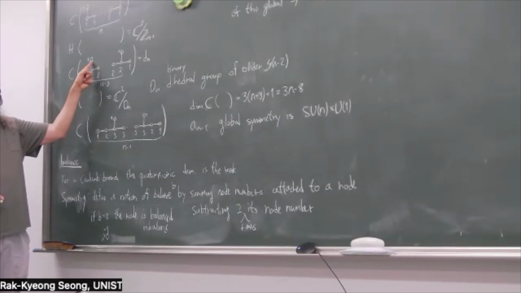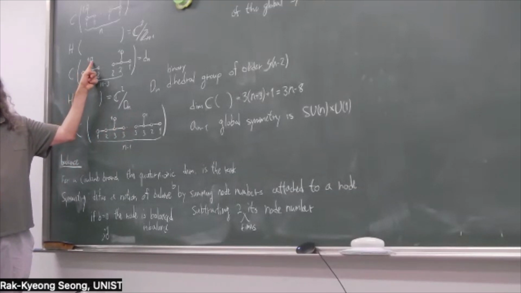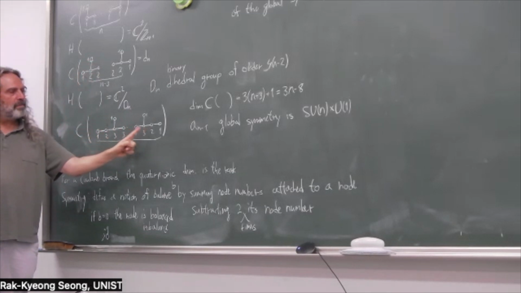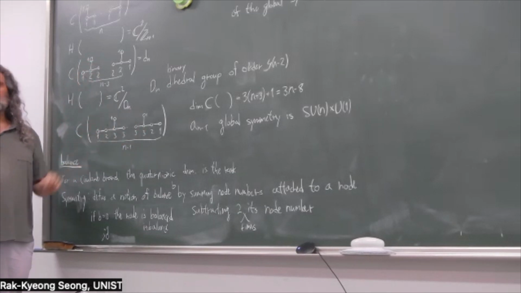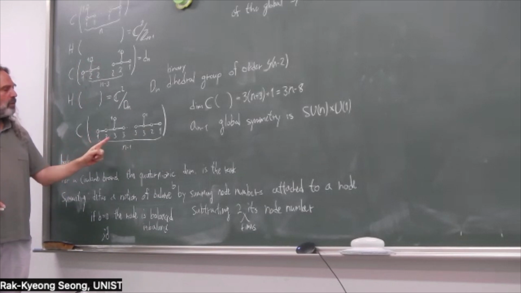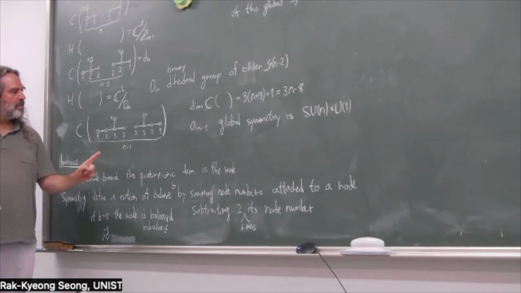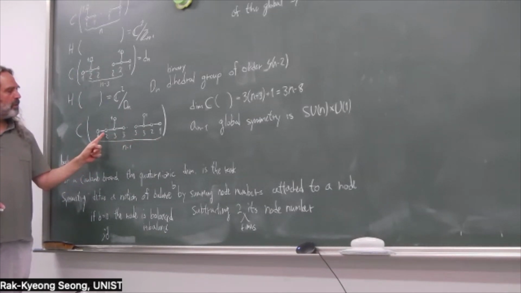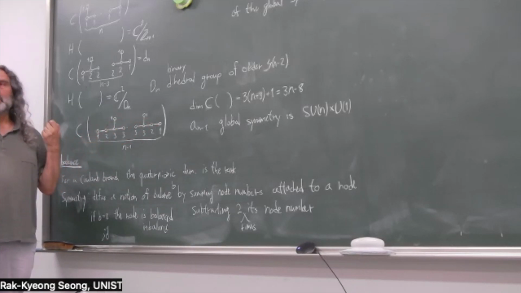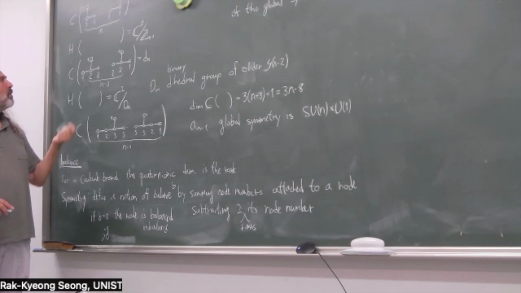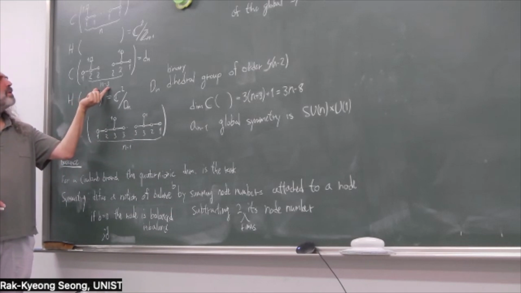And I could replace this by a circle node without any cost. So there is a subdiagram which is of type D. What D is this? Let's count the number of nodes. So I have n minus nodes over here. The number of nodes without those two will be n minus 3. But this does have n minus 3 nodes.